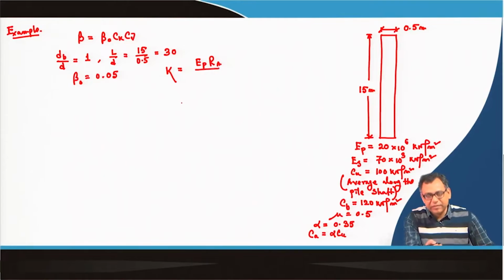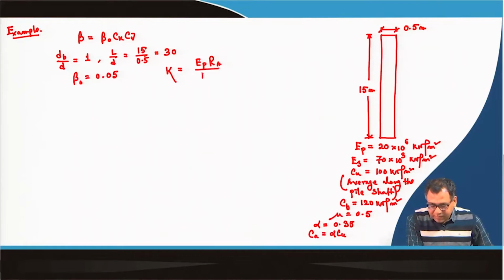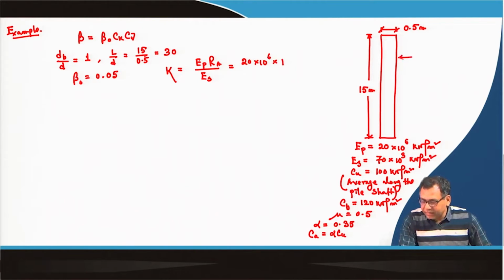So, what is k I have discussed. E p is 2 into 10 to the power 6 and it is a solid pile, solid cross section or solid pile. So, that means R a will be 1.